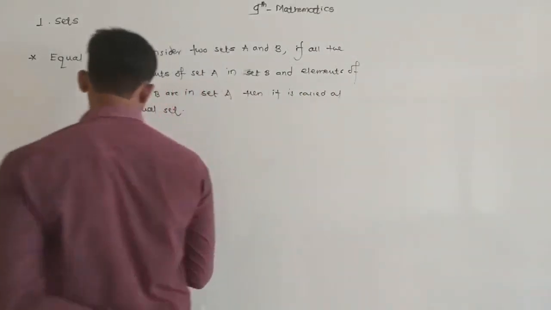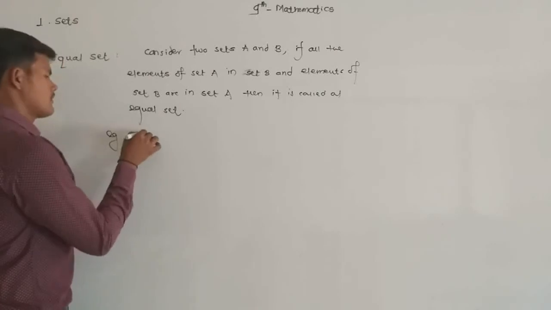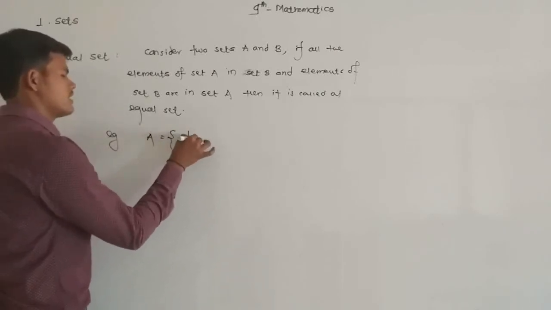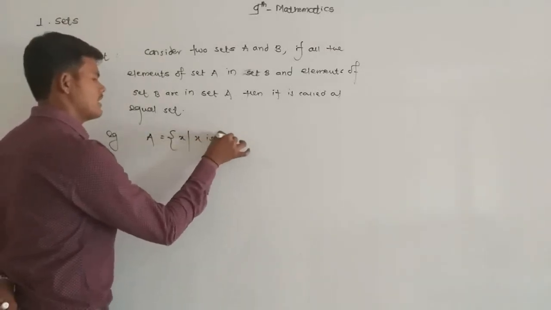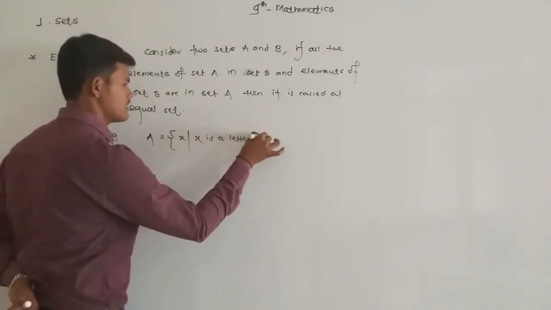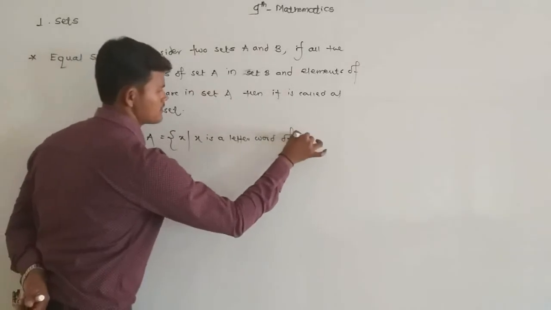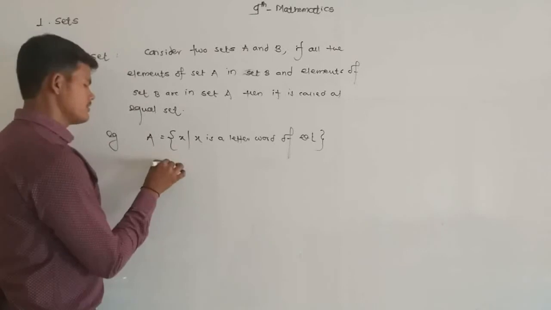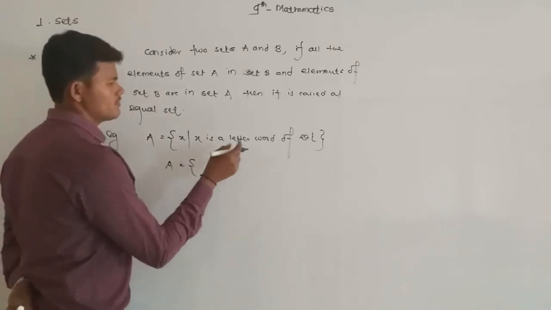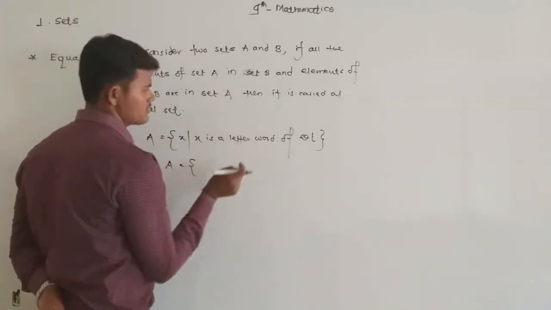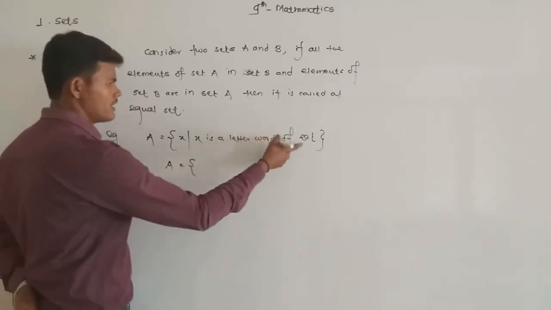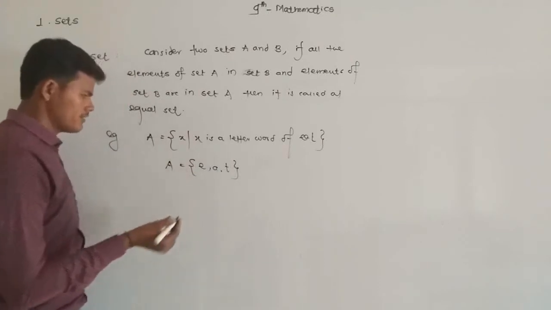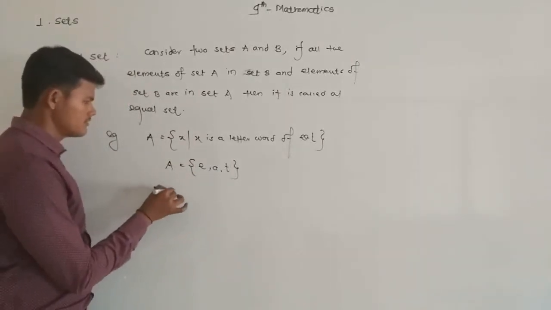Let's take one example. Set A is a set of all x such that x is a letter of the word eat. Write this set by using the listing method. So we write the list of letters that make the word eat. In the word eat there are three letters E, A and T. Now take another set.